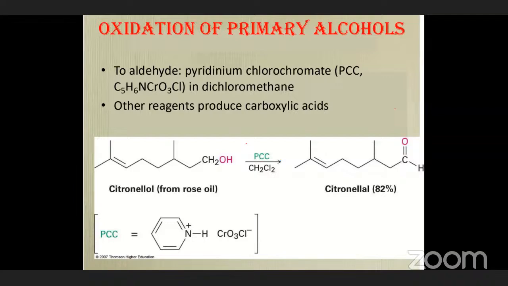It just suffices for you to know that you can use PCC to convert a primary alcohol to an aldehyde. There are also stronger oxidizing agents that you can use on alcohols to get carboxylic acids, but that is not what we're dealing with here.